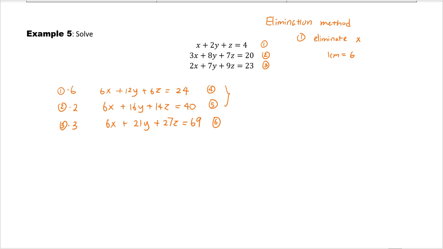Okay. So equation 5 minus 4, 6x cancel. 16y minus 12y is 4y. 14z minus 6z is what? Is it 8z? 40 minus 24 is 16.